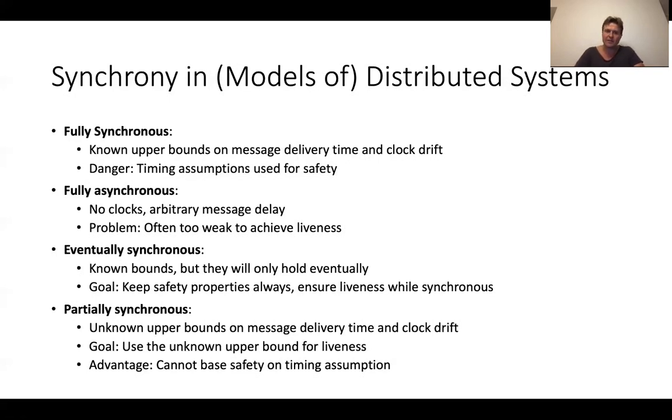One big danger with the synchronous model is it allows us to use timing to ensure safety properties. For example, in a system with many servers, I have the safety property that if some process sends a message out, everyone should agree on what the process sent out, even if the process is corrupted and sends 42 over here and 43 over here.